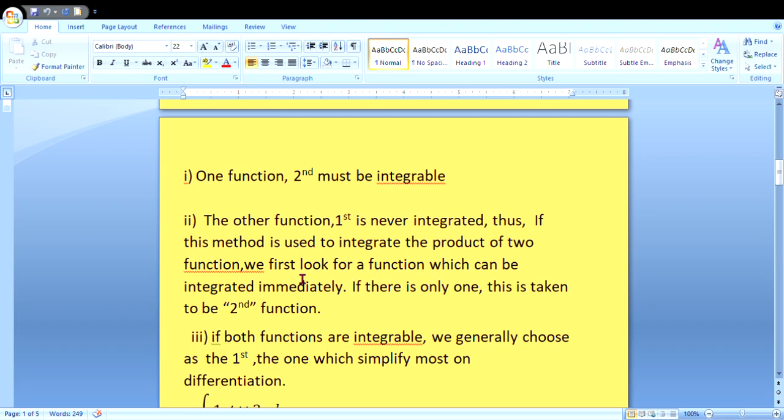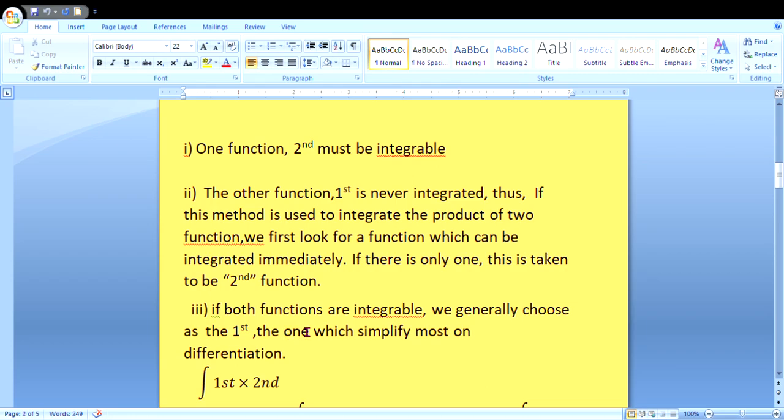Thus, if this method is used to integrate the product of two functions, we first look for a function which can be integrated immediately. If there is only one, this is taken as the second function.